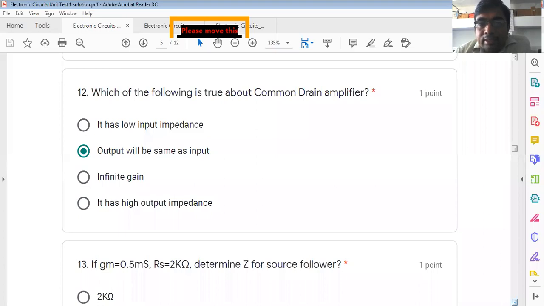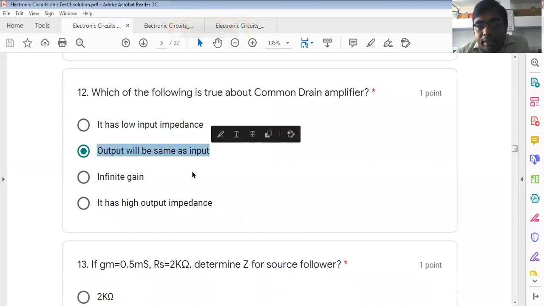Another property is that its output impedance is very low. The options are low input impedance, high input impedance, infinite gain, which is never infinite, and output impedance the same as the input. That is the correct option because your gain is 1.